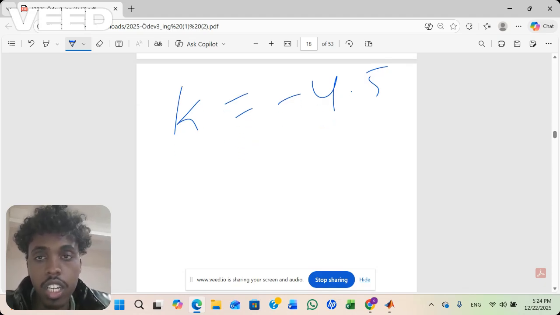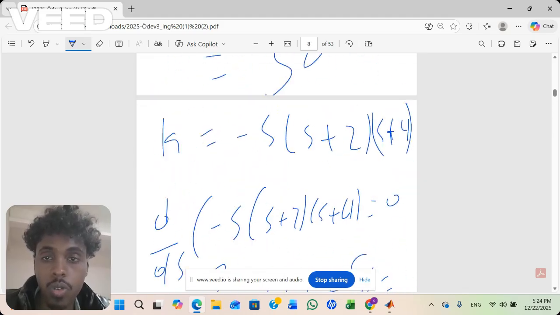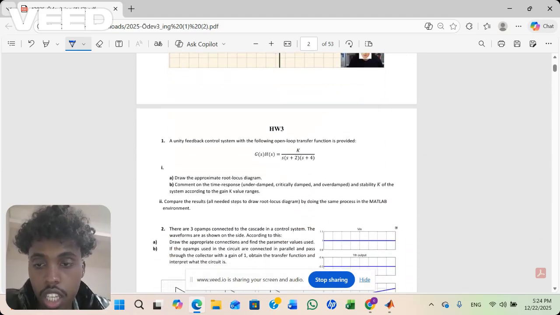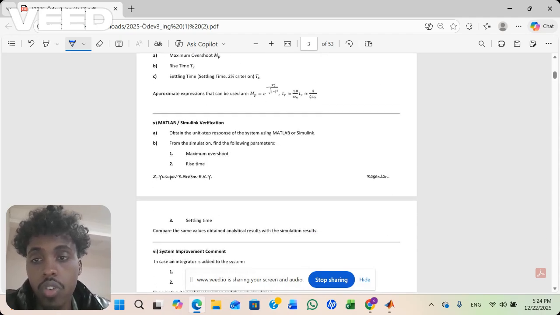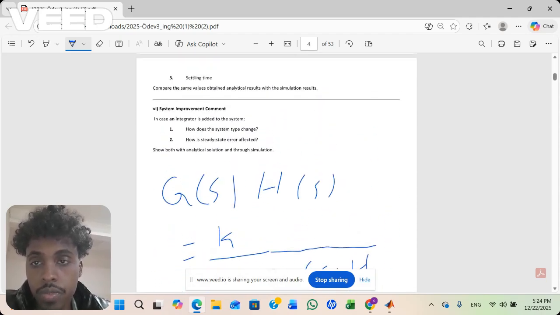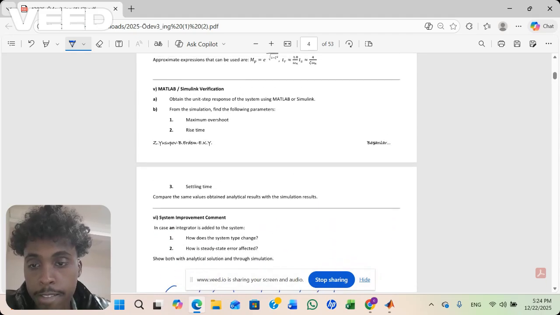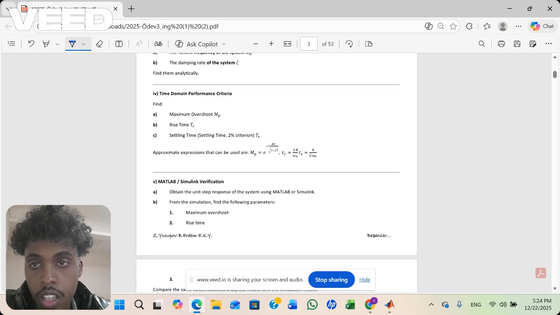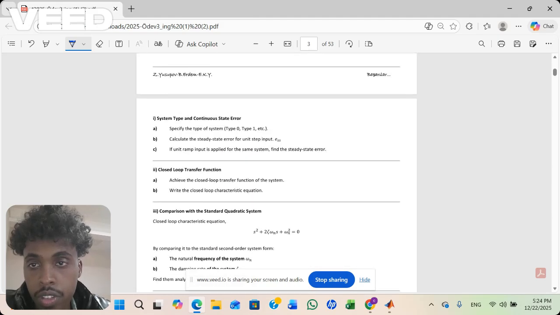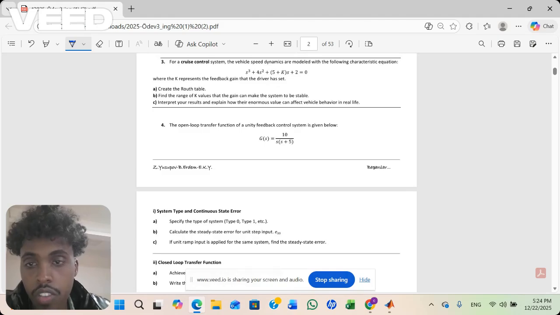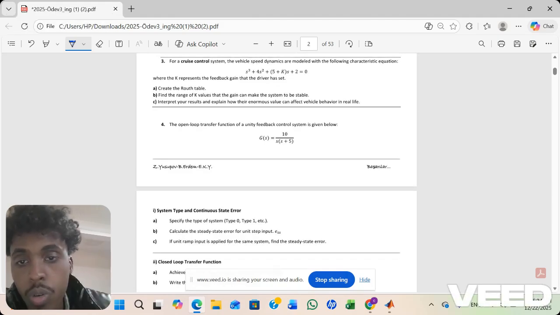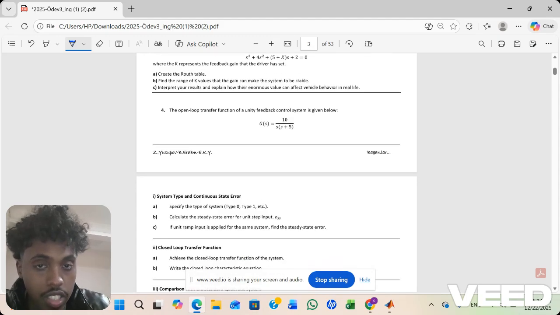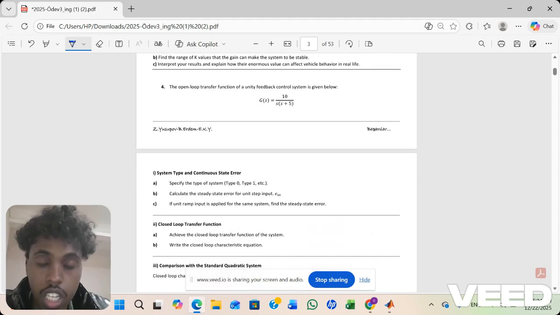So right now we gonna calculate the fourth question. The open loop transfer function of a unity feedback control system is given below: G(s) equals 10 over s times (s plus 5).